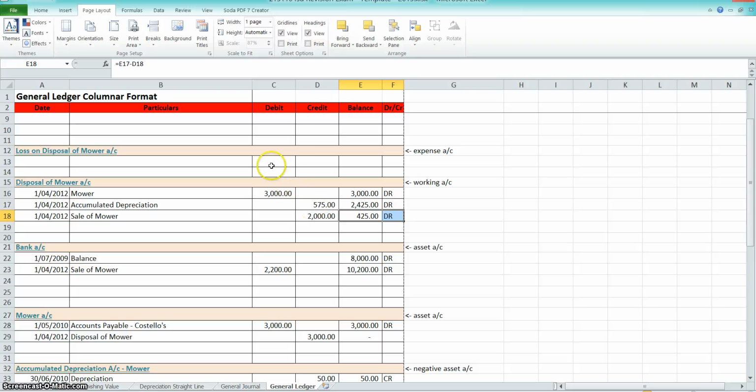So we originally paid $3,000 for it. We expensed $575 and then we sold it for $2,000. Because these amounts don't add up to the $3,000, it means we made a loss. If we'd sold it for $3,000, we would have made a gain because we were able to expense that and sell it for the price we paid for it. But in this situation, we've made a loss.